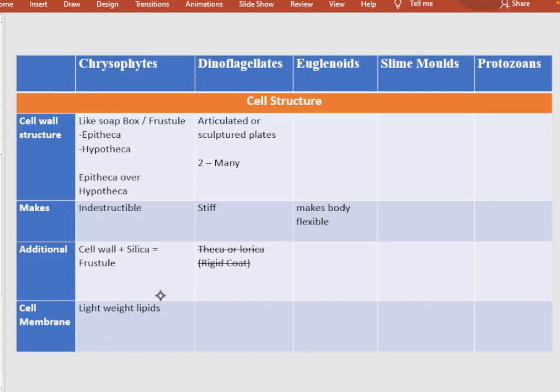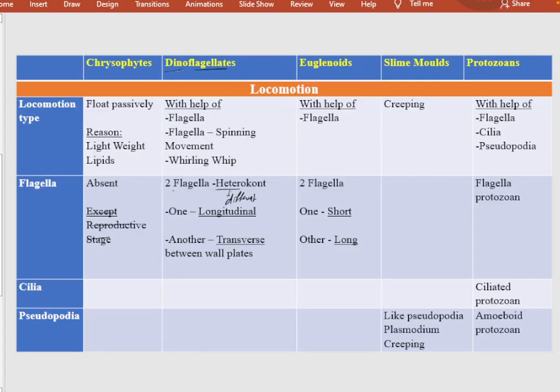Cell wall is completed. Now the cell membrane. The cell membrane has lightweight lipid, hence it is floating. This is about the cell membrane. Now locomotion. They float passively, with no need of any locomotory structures.